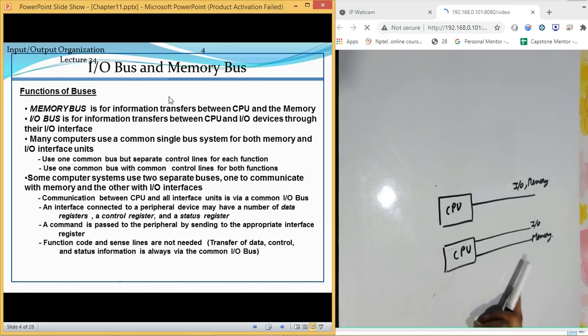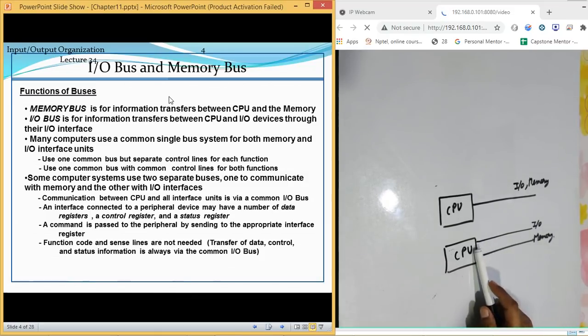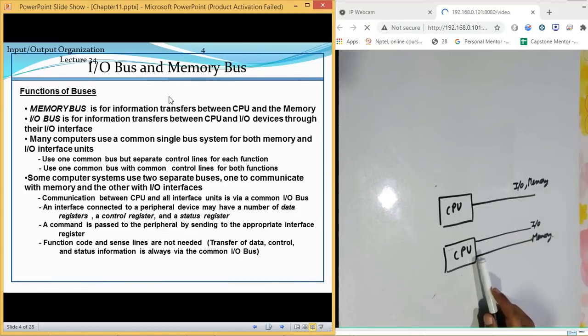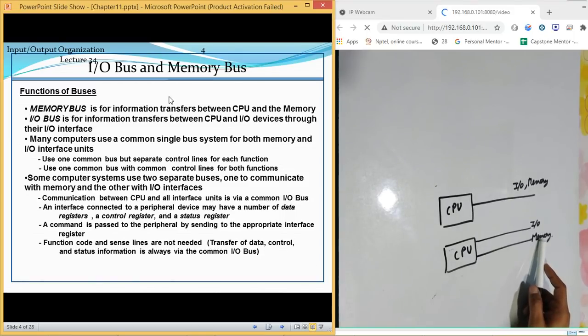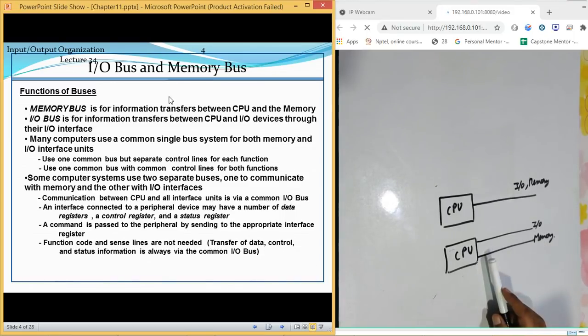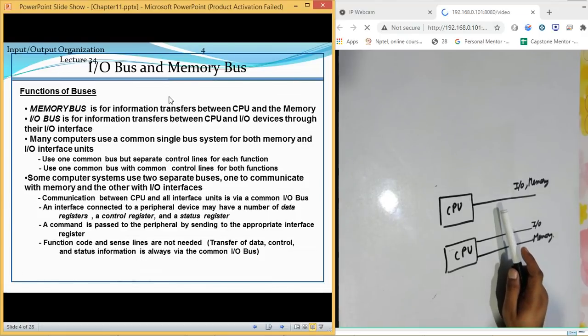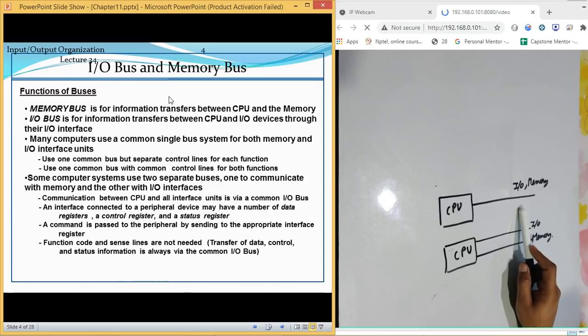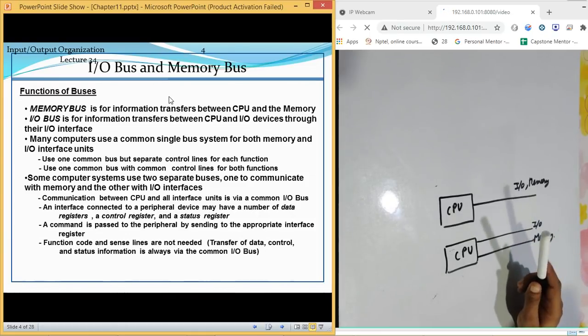Now what does it mean? So if I'm going to perform an input output instruction, I will be having a separate control line for that. If we are going to perform a memory related function, then we are having a separate control line for it. Both are working on the same line, but the control line is different. This is the first method.